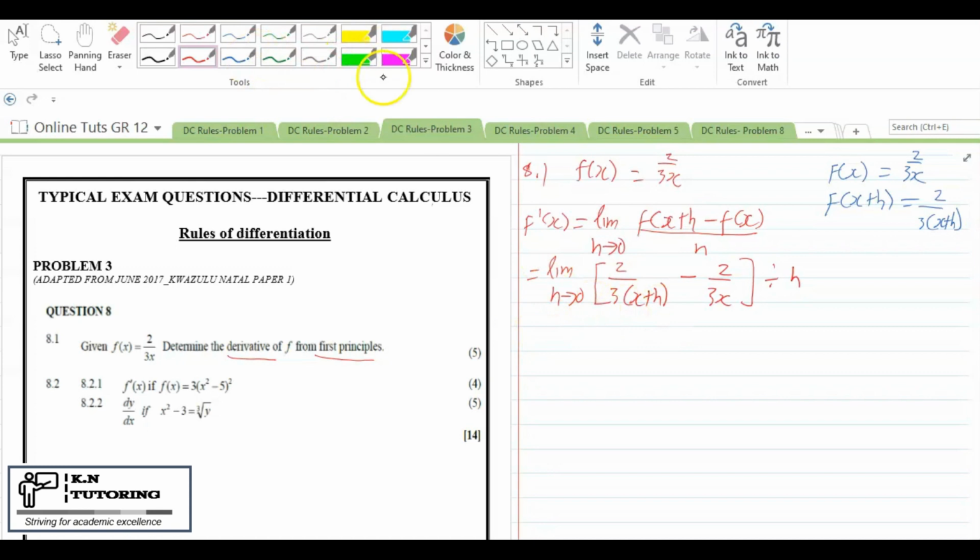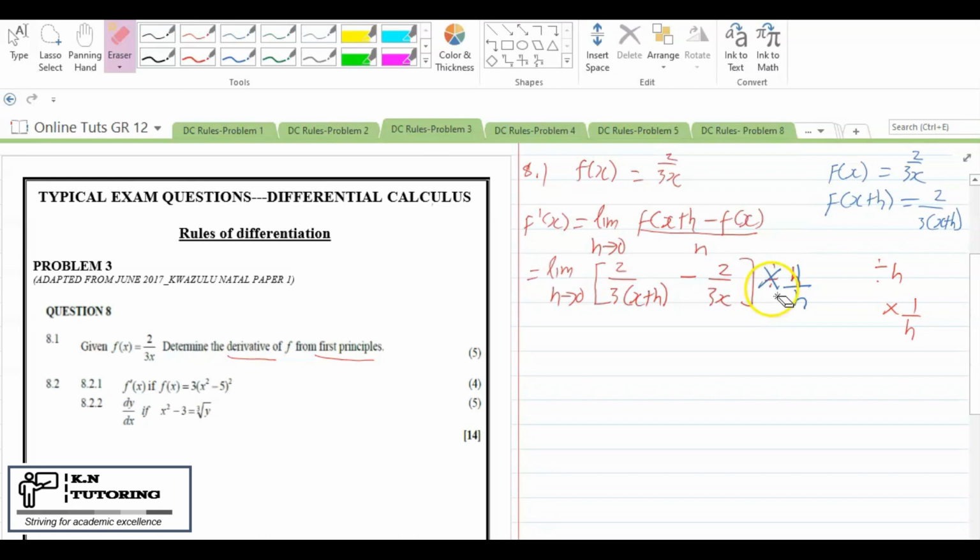Now, I believe you also know that divide by h can also be written as multiply by 1 over h. We call that tips and tricks. Okay, so this is the same as writing this as multiply by 1 over h. So that's what I'm going to write, because I don't want to have so many divisions.